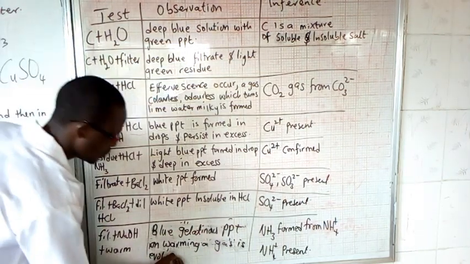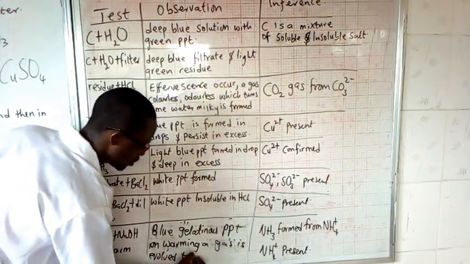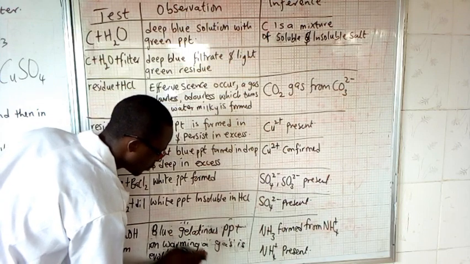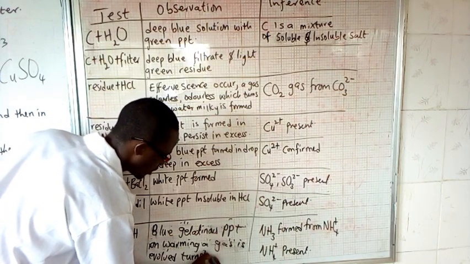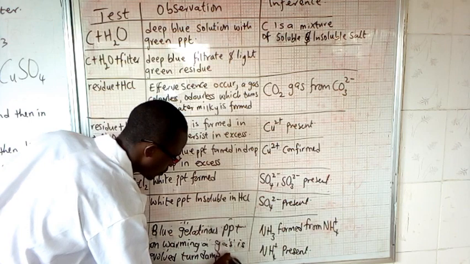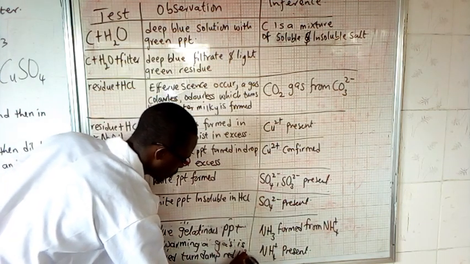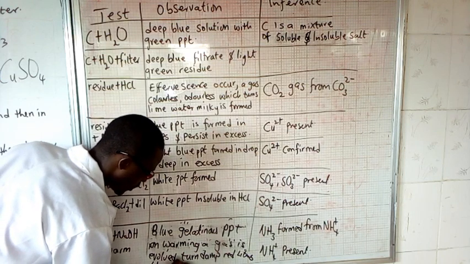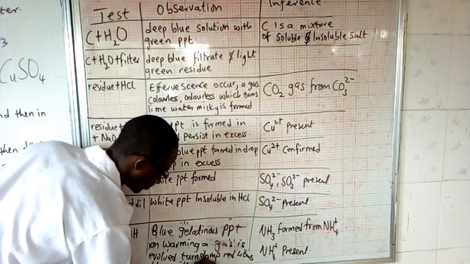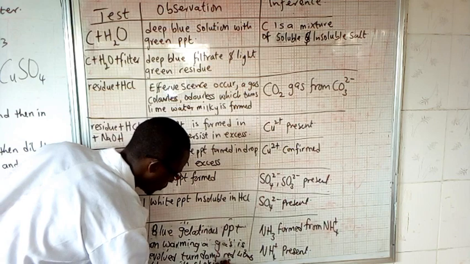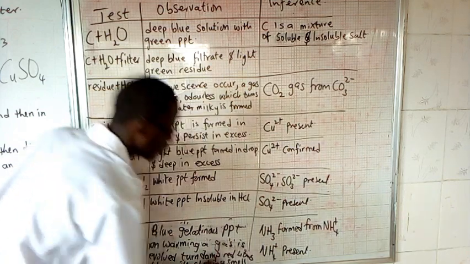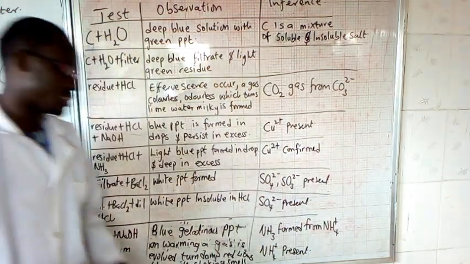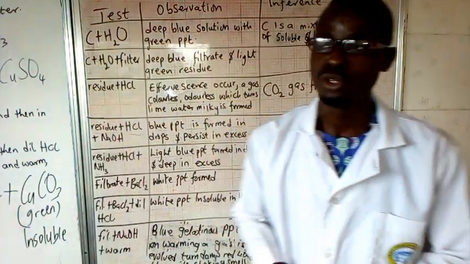The gas evolved turns damp red litmus paper blue, with a choking smell. So this gas indicates that the gas is ammonia and it is from the ammonium ion.